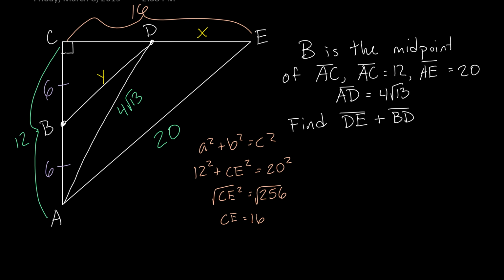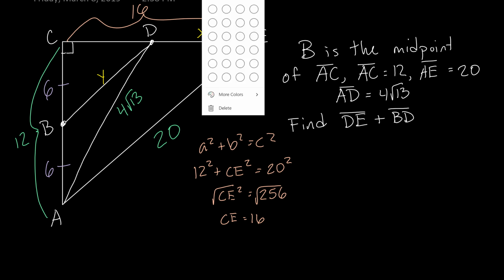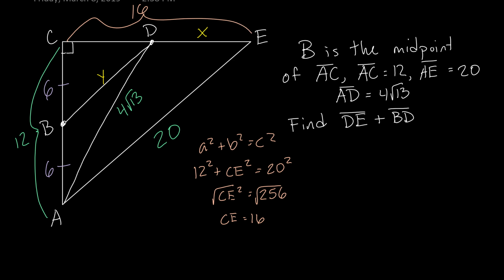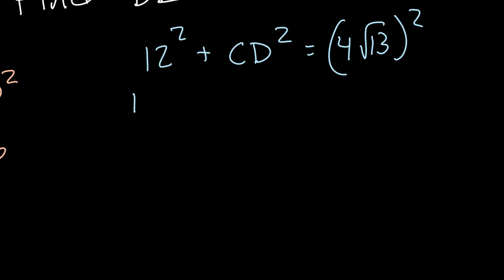So we can find this top length CD by, again, using Pythagorean theorem. So we have 12 squared again, plus the CD length squared is equal to 4 square root 13 squared. Now, 12 squared is 144. Before we use our calculators, what is 4 square root 13 squared?